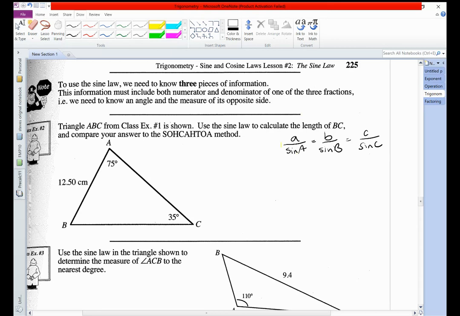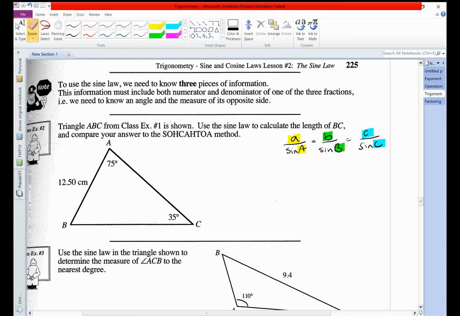And what I mean by that is we need to know an angle A and a side length a, or we need to know angle B, side length b, or we need to know side length c, angle C. So we need to know an entire one of these in order to use this formula.